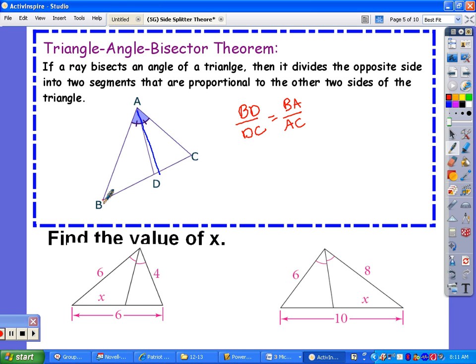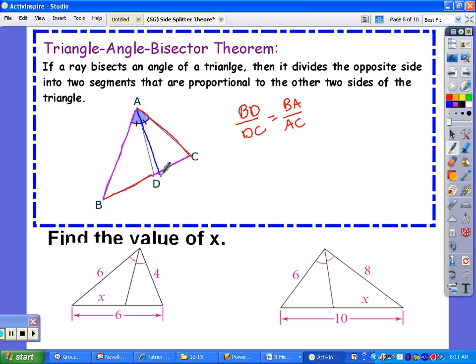Now, when we do these, the order doesn't matter except that you have to be very careful that BD is always across from AC. If I'm looking at segment BD, the one that has to be across from it is the segment that's not touching it. The other segments on this triangle are DC, AB, and AC.